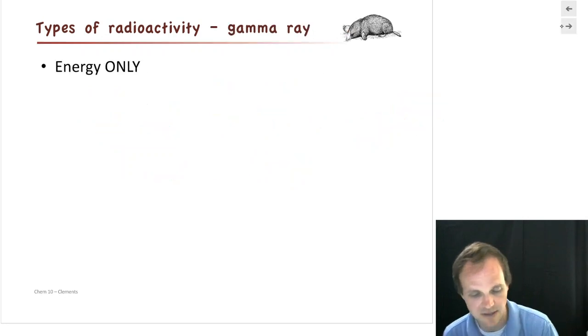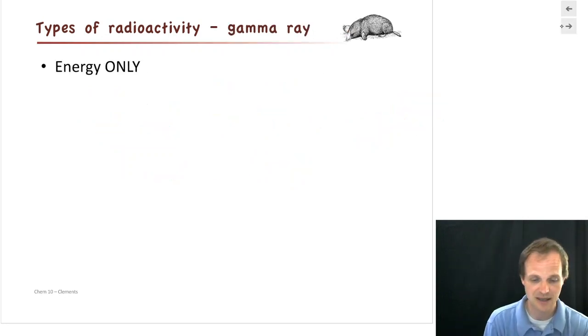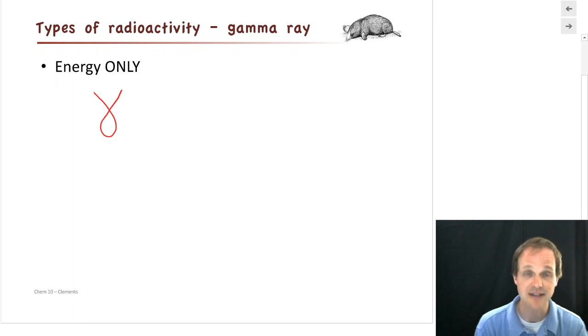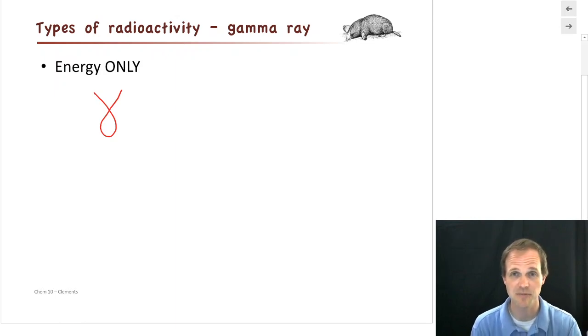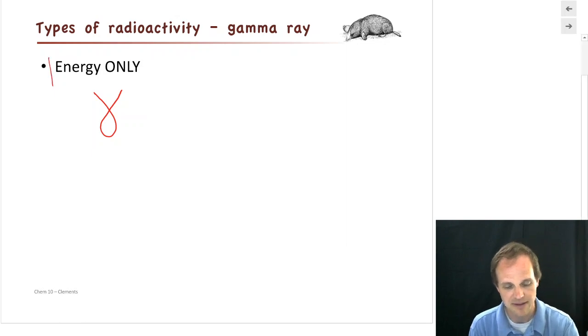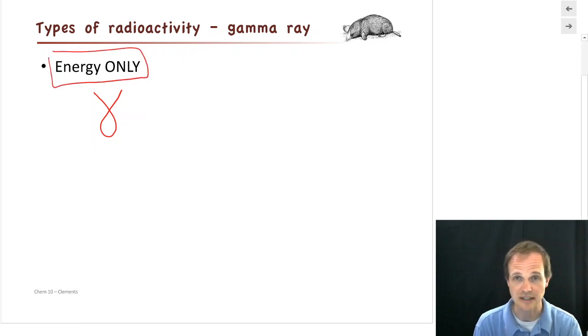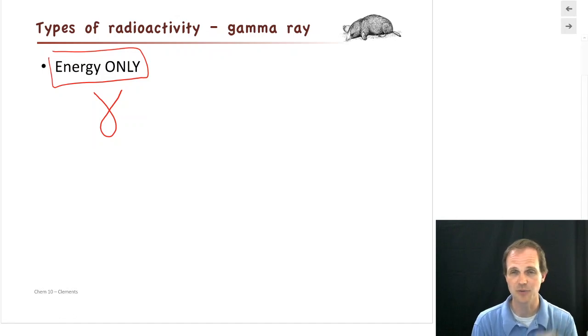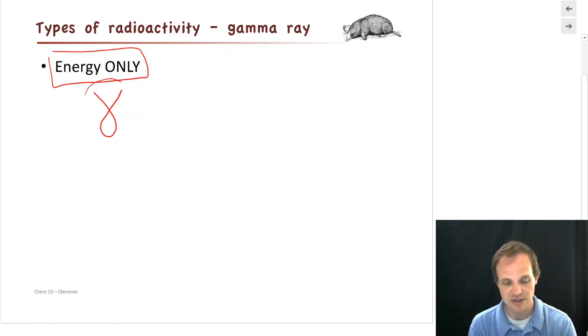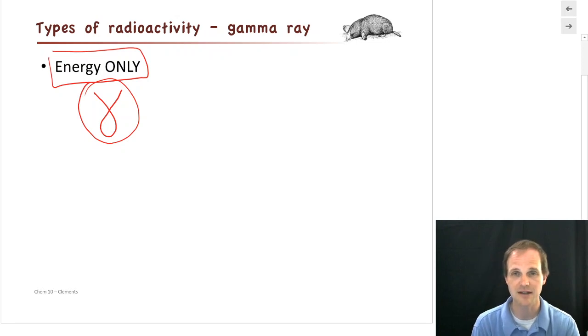But the last one we're going to talk about is the gamma. And what is that? It looks like a fish swimming down. And again, people with better handwriting make them a little fancier, but I just make a little fish swimming down. The thing about the gamma particle is it's energy only. It just says that when these types of nuclear reactions happen, when protons or positrons are emitted, they emit a lot of energy. That energy is so energetic that the light coming off is given off as gamma particles.